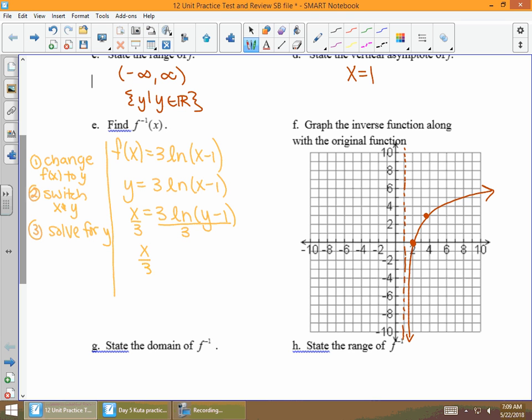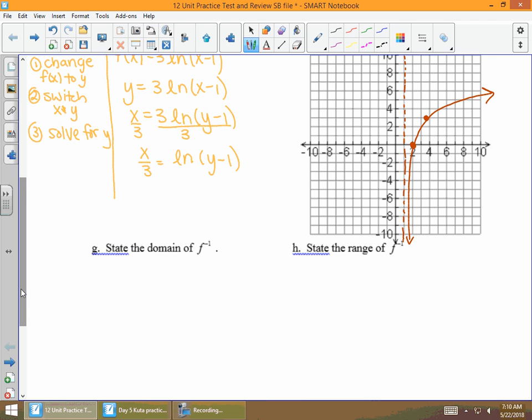x over 3 equals ln of y minus 1. This is where students usually get stuck. And this is where you have to use the fact that this is a logarithm. So it's a logarithm with a base e. And in order to undo the log, we use the exponential. And this is where you do your little leapfrog guy. e to the x over 3 equals y minus 1.